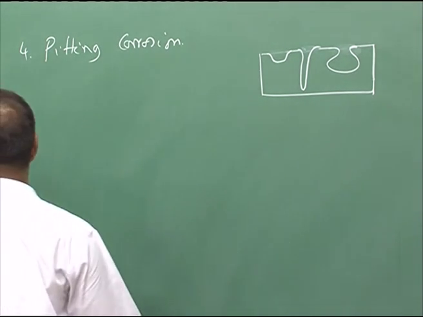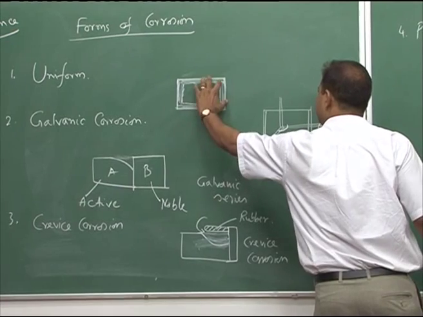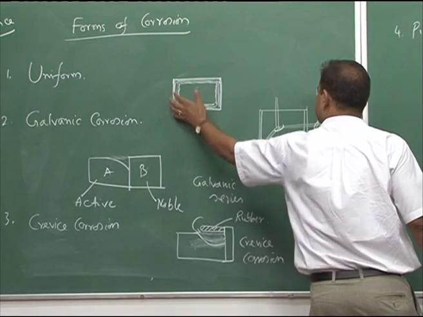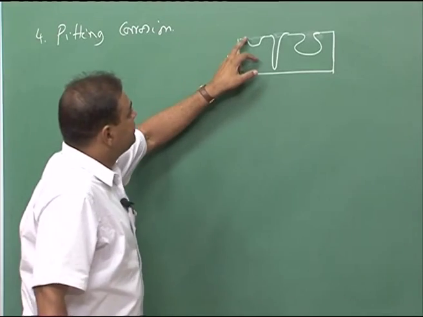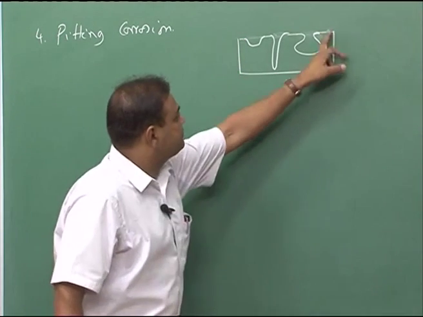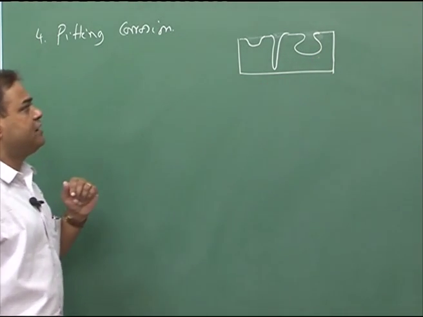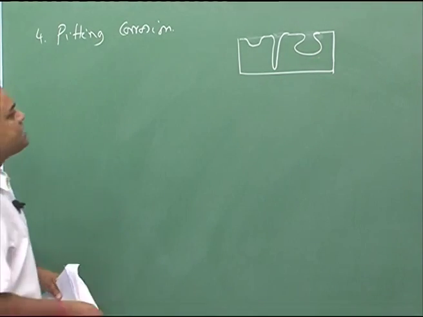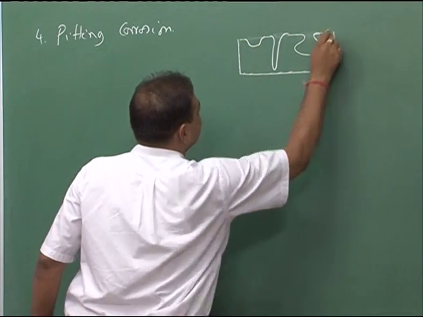You see, in case of uniform attack, all throughout these sections we have corrosion of this particular metal object. But in this case, the outer surface before and after pitting formation has not changed much; there will be only a very small change around this surface.